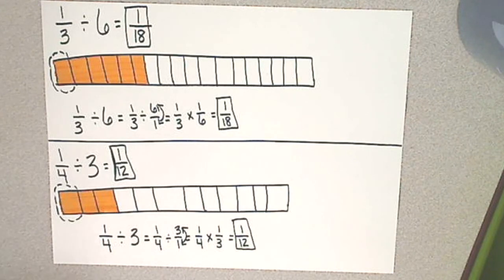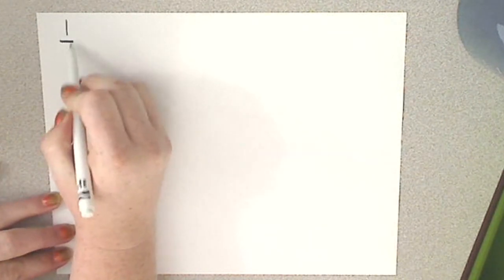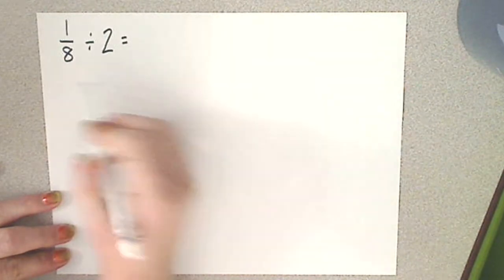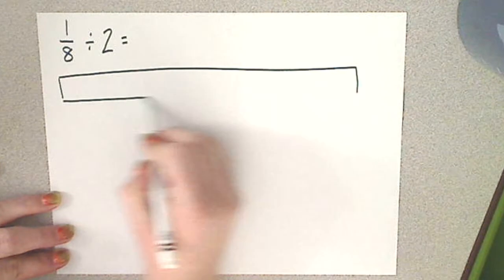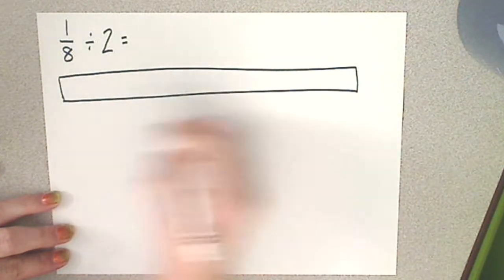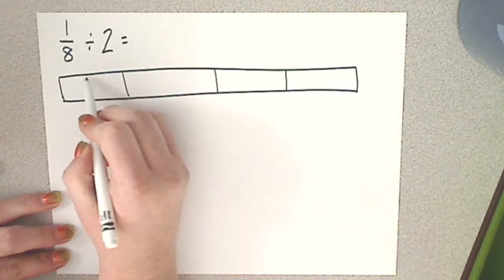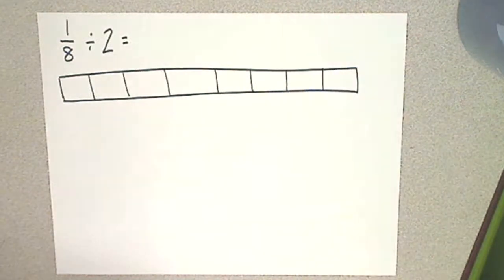All right, we've got one more example to look at. I'm hoping this is pretty simple and straightforward for you guys. We're going to take 1/8 and divide it by 2. Halves, quarters, and eighths.